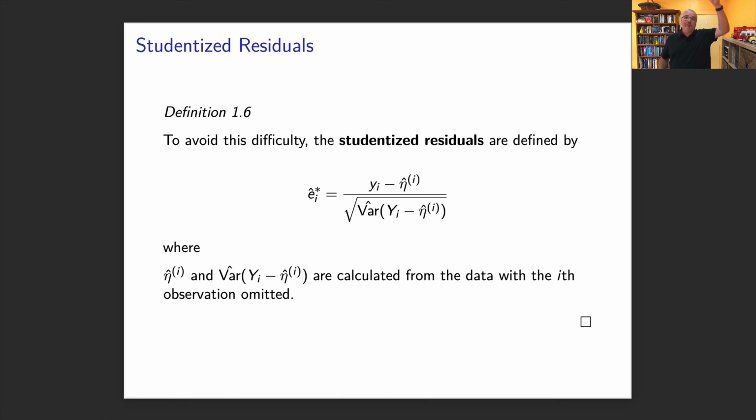If you had that poison point, you would fit the model to all the rest of the data. The model would now say, oh, that really sticks out, because when I don't look at that point and I look at the rest, it's got a huge residual. So the studentized residual is the residual you would get if we used every other observation but this one to fit the model. Make sense?